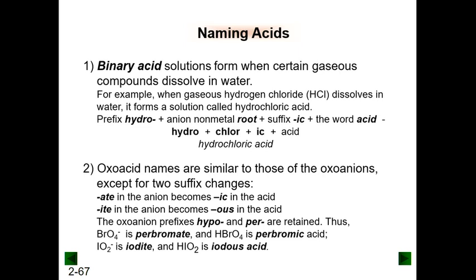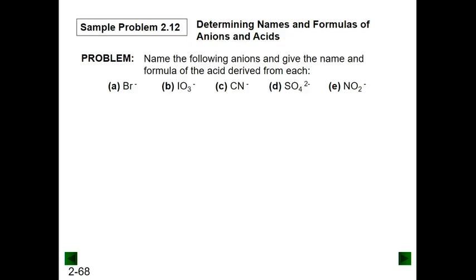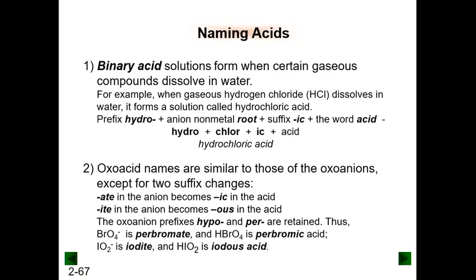If you know the naming of the anions, then you will rapidly find the naming for the acid. How to? Very simple. Whatever you have in the anion ending in ate will be transformed to ic, and whatever has ite in the suffix becomes ous. The prefixes hypo and per are retained.